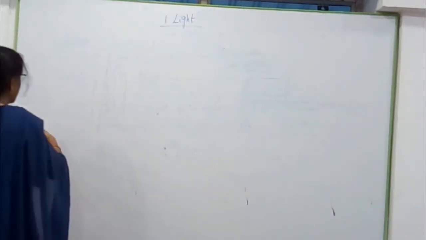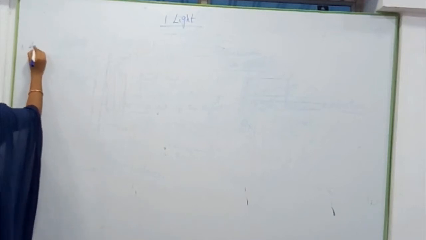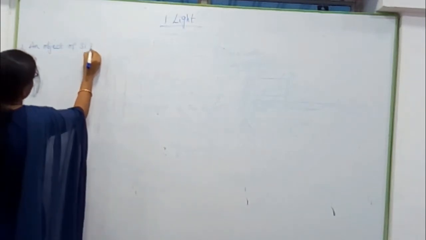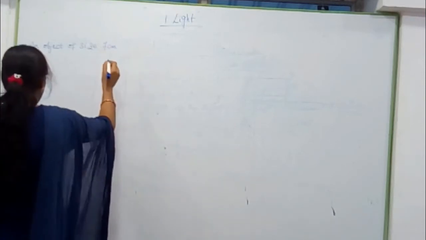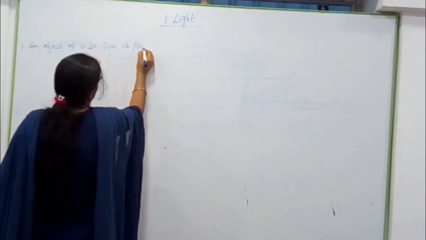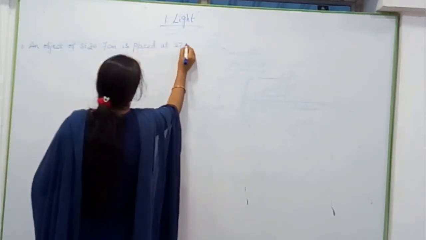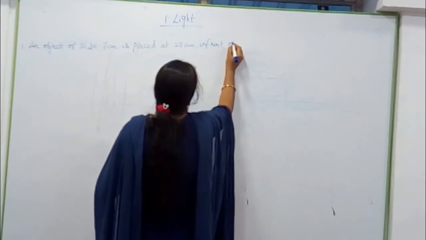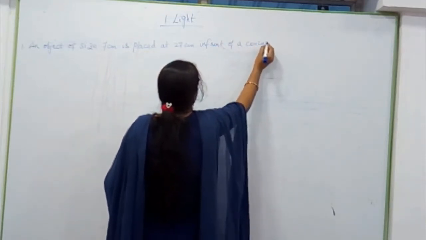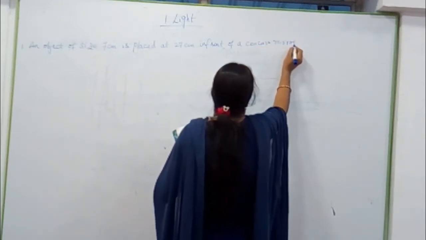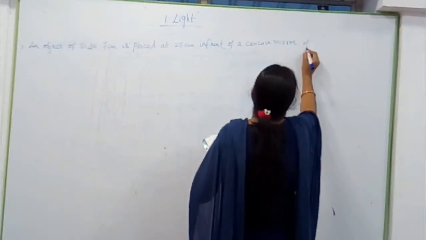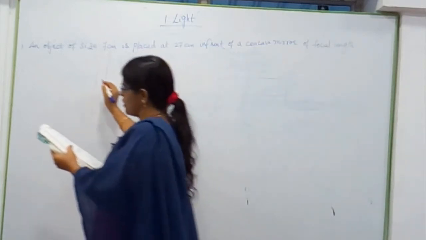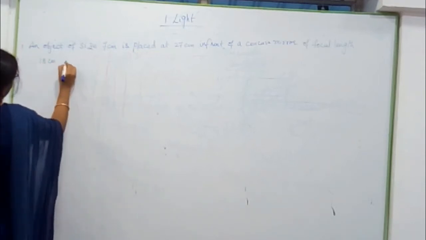Now there is a problem given in this. An object of size 7 centimeters is placed 27 centimeters in front of a concave mirror of focal length 18 centimeters.